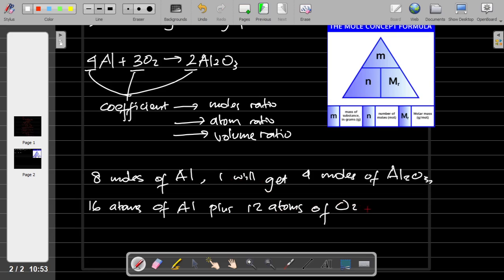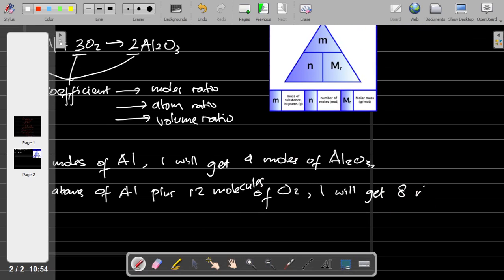Then I will get, times by 4, 8, 8 atoms, not atoms, it must be molecules, 12 molecules, and so 8 molecules of Al2O3.